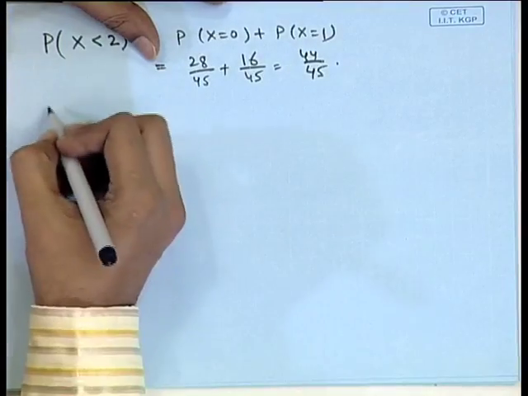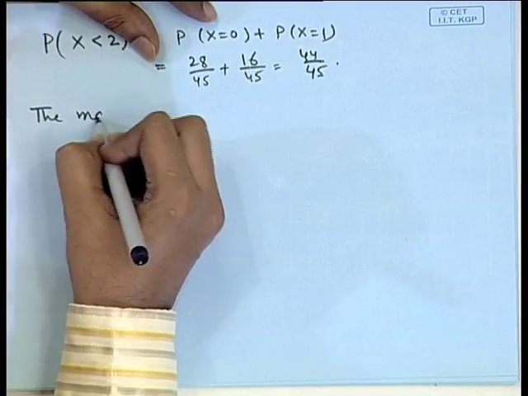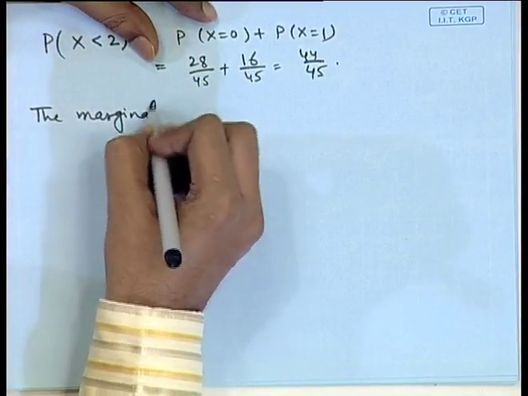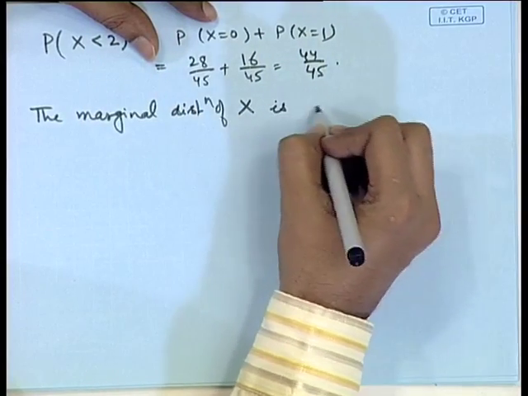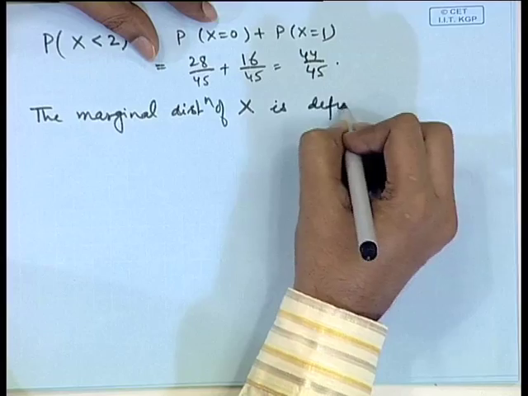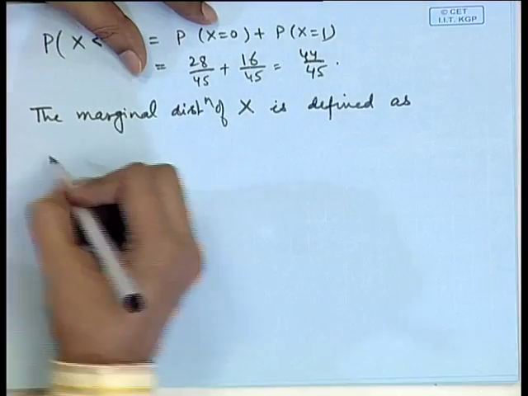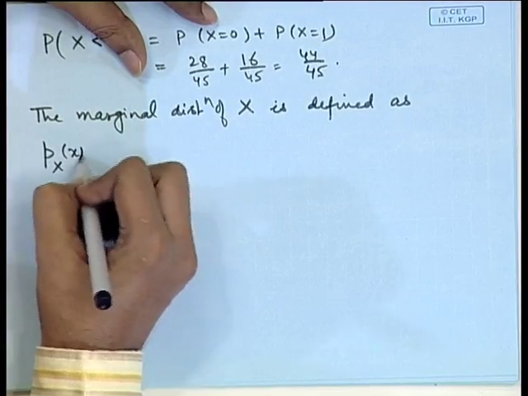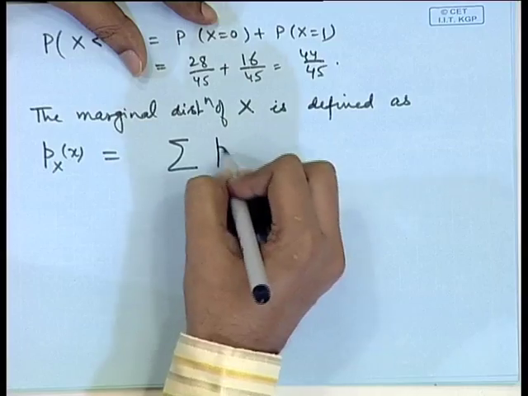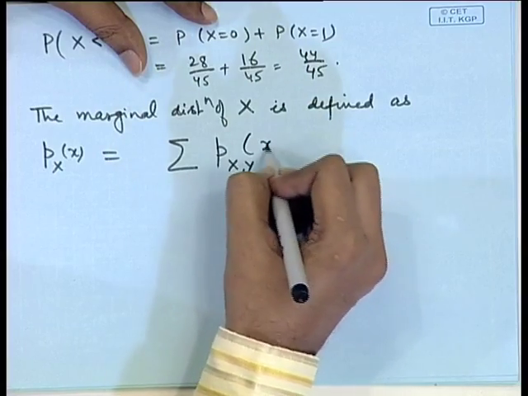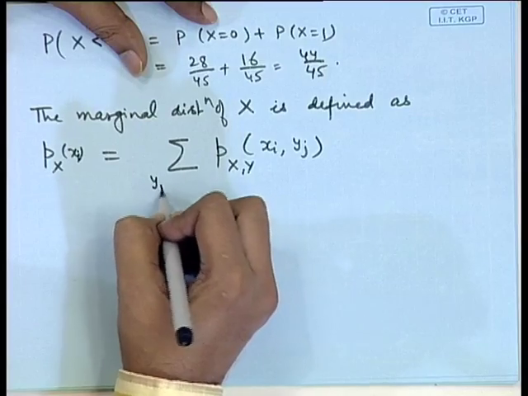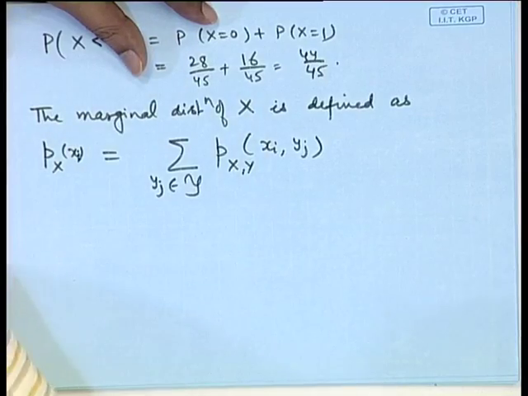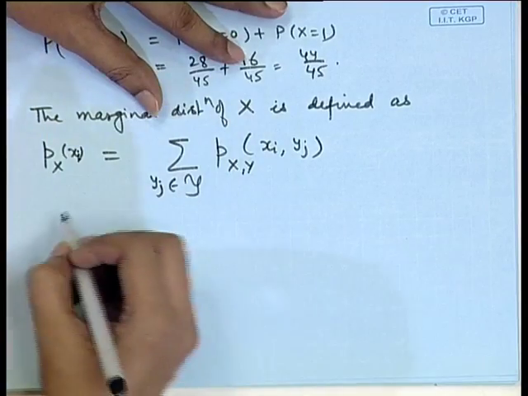So, in general, the marginal distribution of x is defined as, this is obtained by adding the values of y over the range of y.